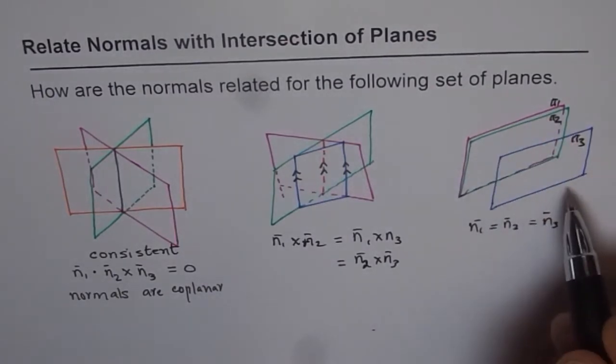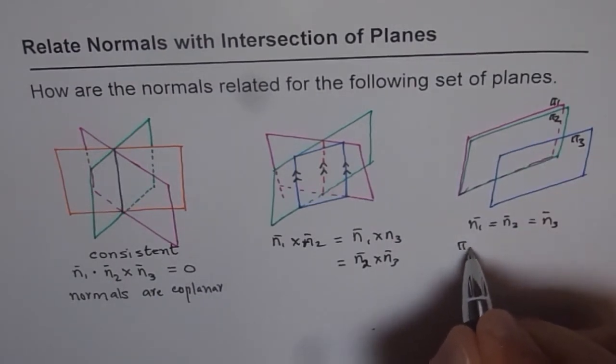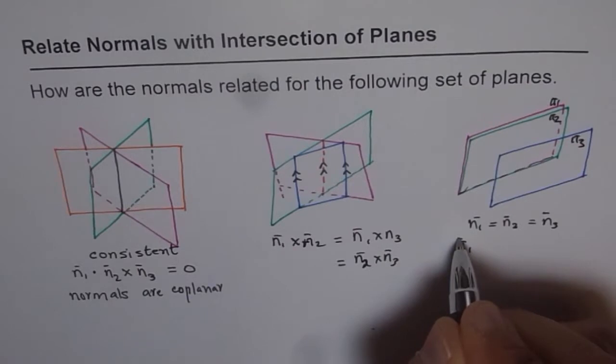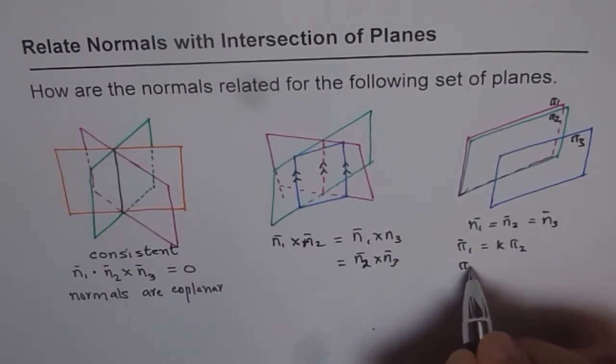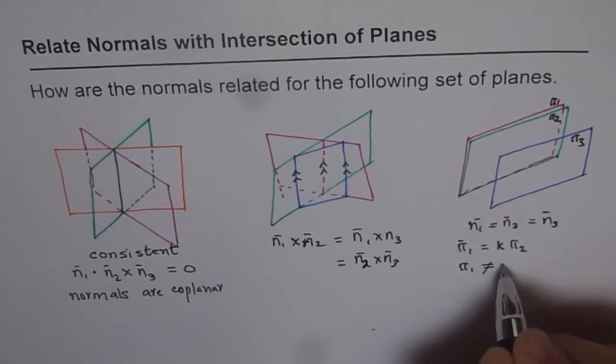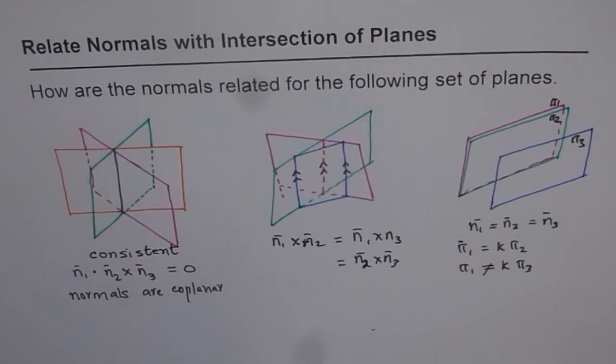But the important thing here, how they're different, is that pi 1 is equal to k times pi 2, but pi 1 is not equal to k times pi 3. That is the case when the equations of the three planes are considered.